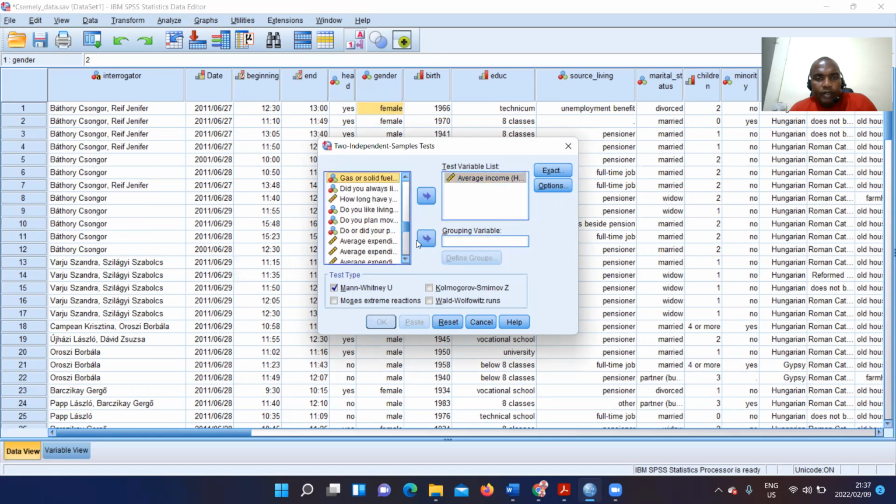And then the grouping variable might be gender.